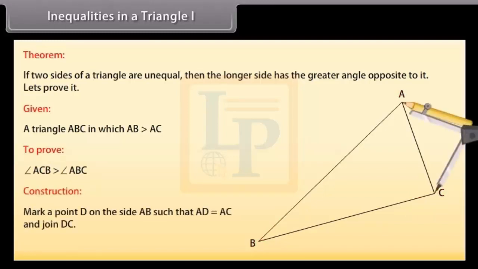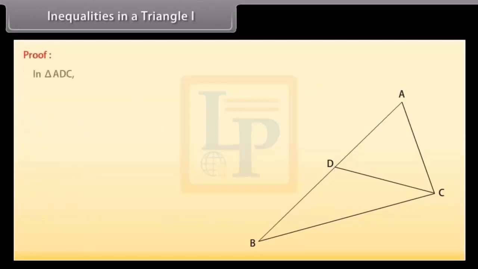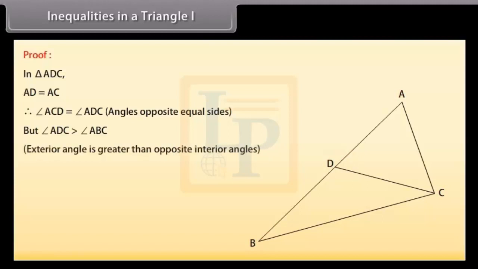Construction: mark a point D on the side AB such that AD is equal to AC and join DC. Proof: in triangle ADC, AD is equal to AC. Therefore, angle ACD is equal to angle ADC because angles opposite equal sides of a triangle are equal. But angle ADC is greater than angle ABC because an exterior angle is greater than the opposite interior angles.